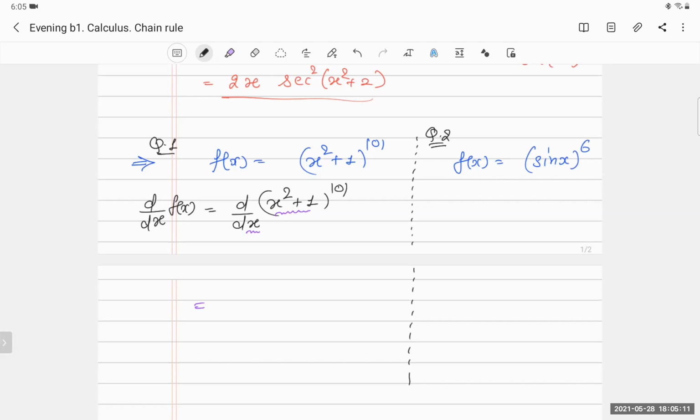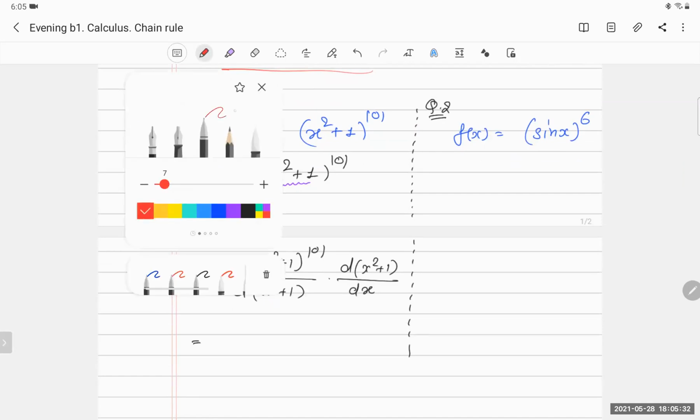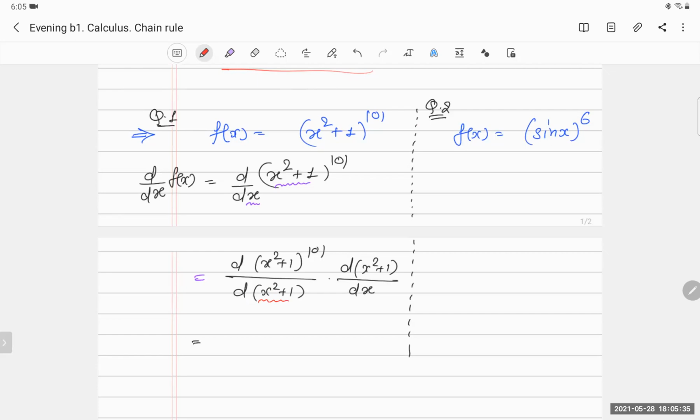Sir, we write d by dx of (x square plus 1) raised to 101, then d of (x square plus 1) upon dx. Yes. Okay. Now I can identify that these things are same. This is my x की power 101. तो क्या बन जाएगा 101 (x square plus 1) की power 100.